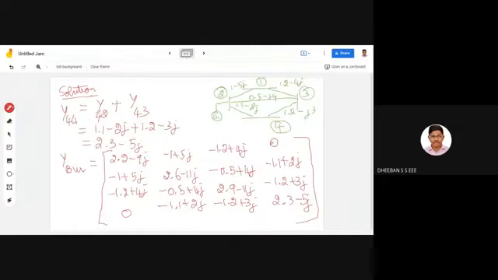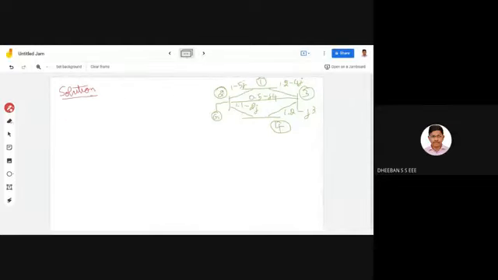And after this we will be moving towards the initialization, the initialization of the bus voltages. First you will be starting with your slack bus.